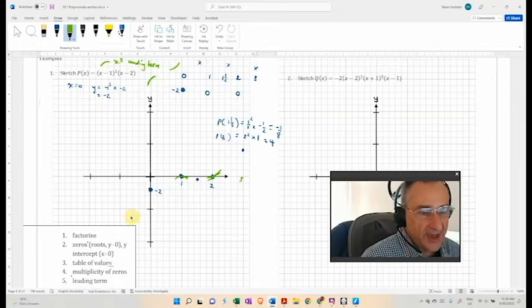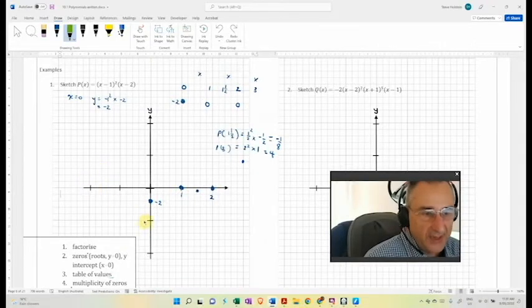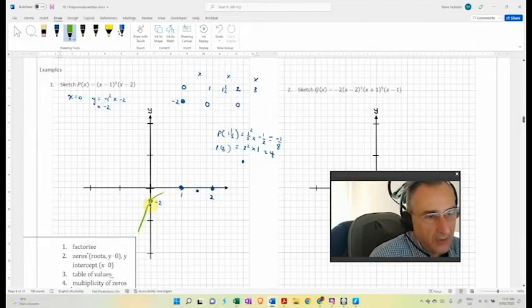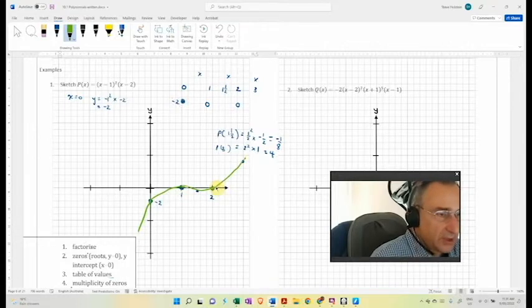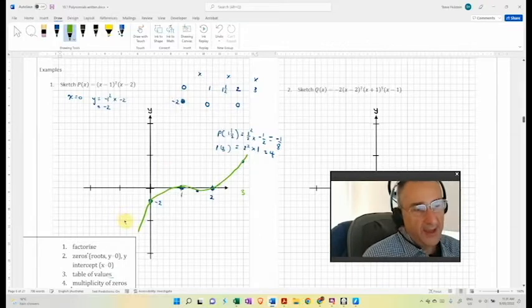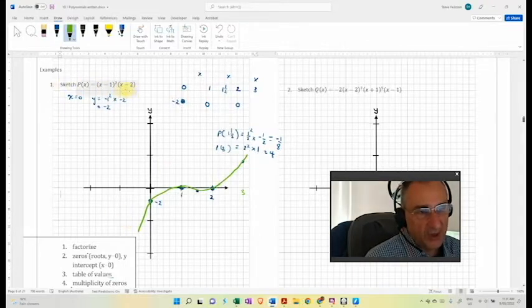And so that now gives us completely the shape of our graph. So let's draw that in, and you can see now the shape of the graph. We go from negative, we go around to this 0, we dip down here, and then head towards that point 3, 4. And there's the shape of the graph. P of x equals (x minus 1) squared (x minus 2).